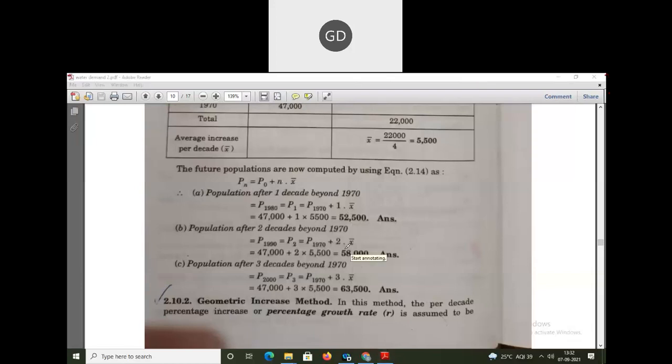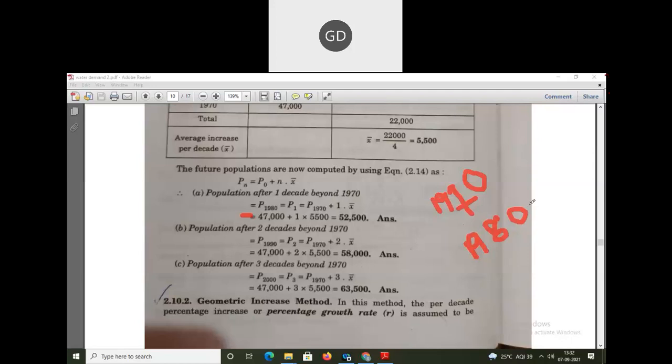So this is your 47,000 plus n, which is 1. Why is n 1? Because you are finding out after 1970 the next decade, that is 1980. What is the difference between these two decades? It is 1 decade, that is 10 years.